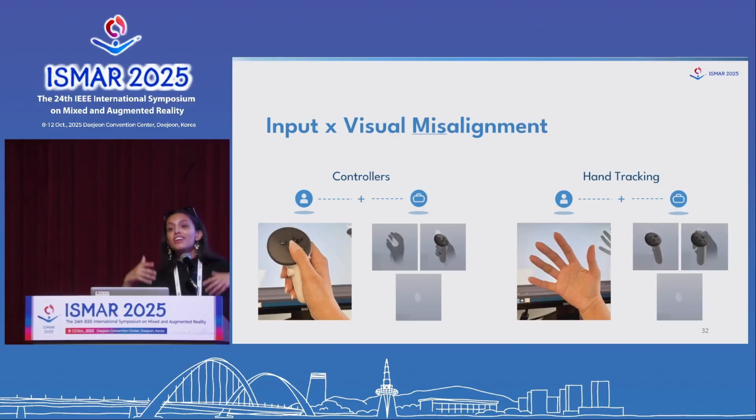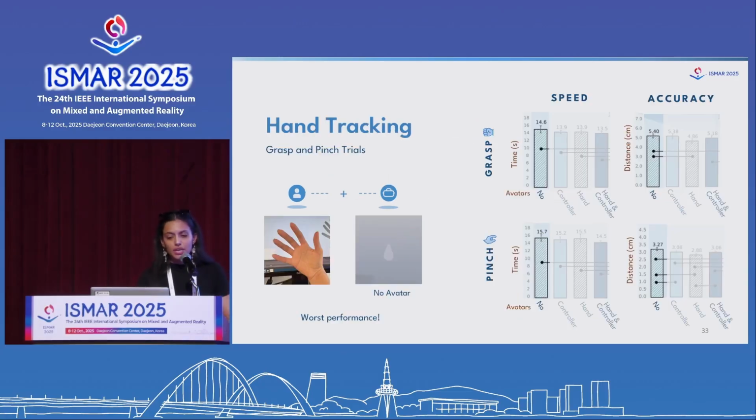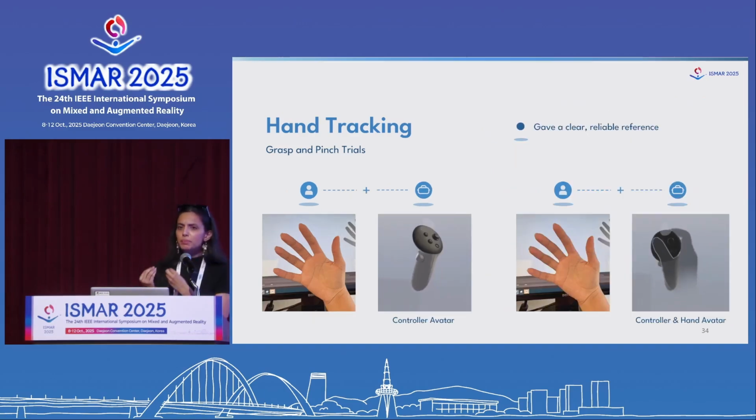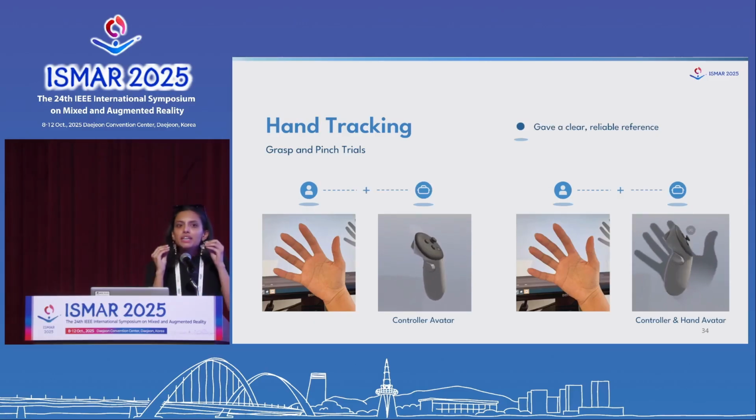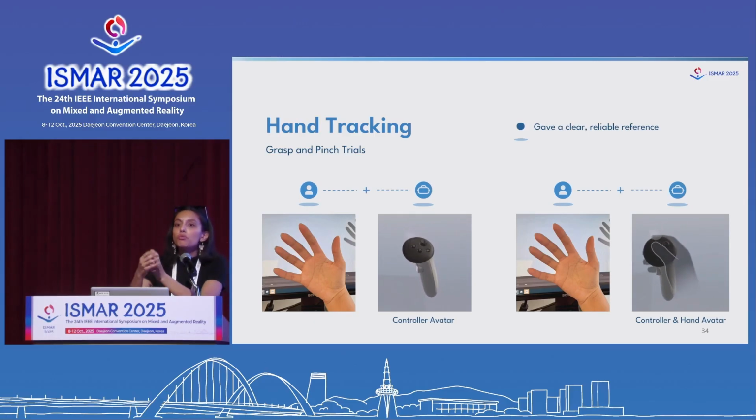But of course, not every avatar was a perfect match. The avatars that didn't align with the input had a really different effect on the users. So for hand tracking, the no avatar, to no surprise, performed the overall worst. We believe that participants still found use when seeing the controller avatars because it gave them a clear, reliable reference within the virtual space.